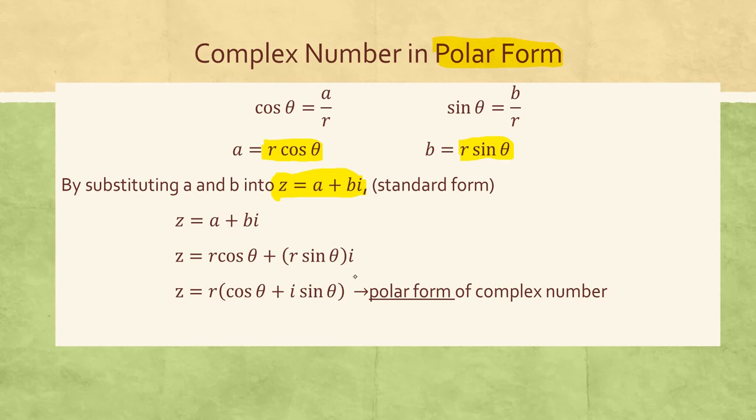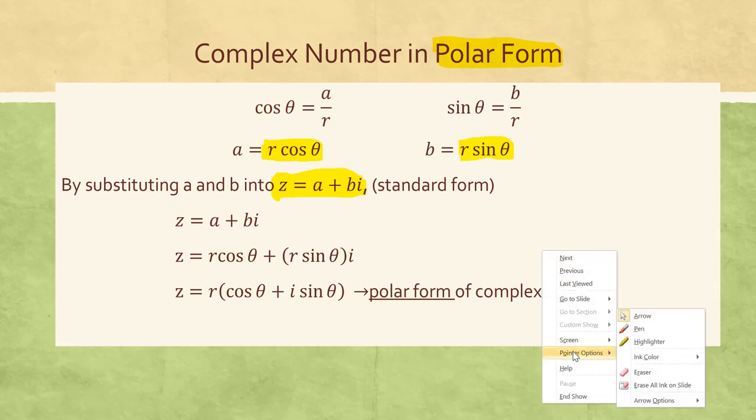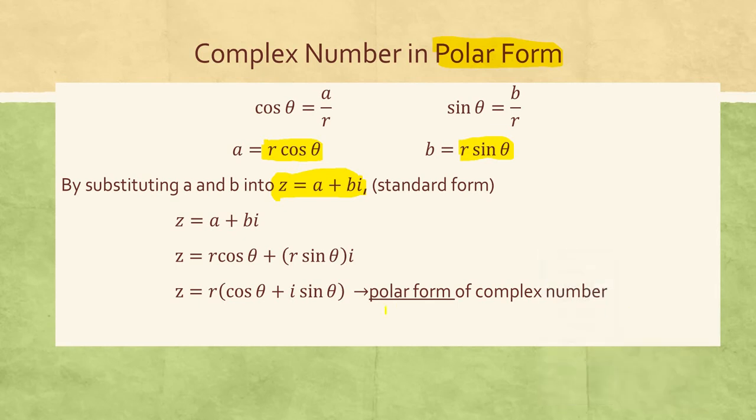Remember, i is usually at the back, but in terms of angle, we usually put it in front of the sine so that you won't get confused whether i should be behind theta or behind the sine. Just put it in front of the sine. So this is the polar form of a complex number. This is standard form, this is polar form.